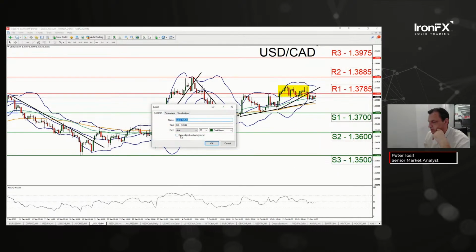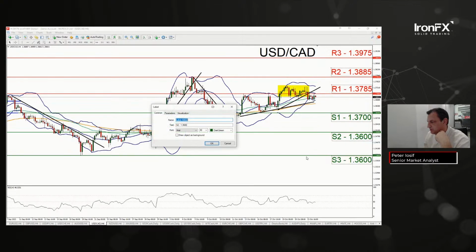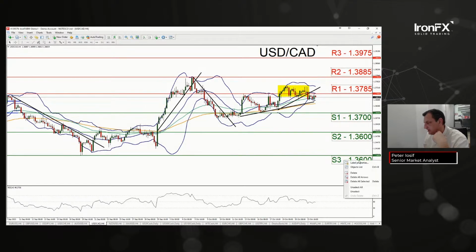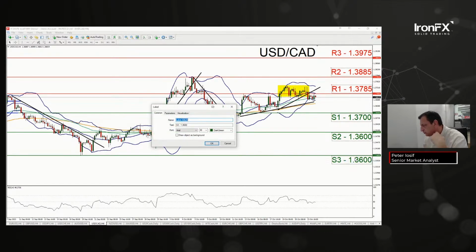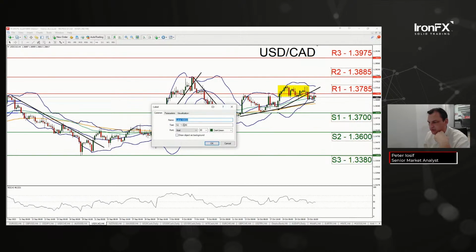Starting with the 1.35 support level, which is now being set at 1.36 S3, the S2 at 1.37. Sorry, my mistake. The S3 is now being placed at 1.3380. The S2 at 1.35.